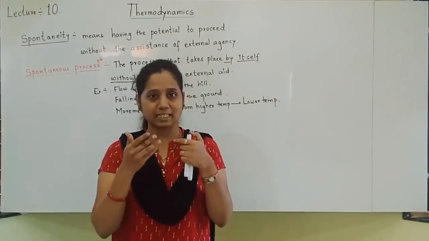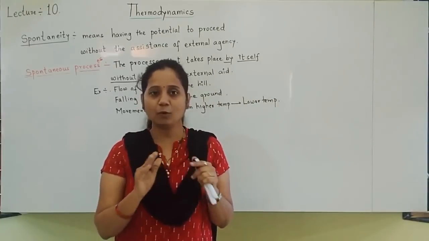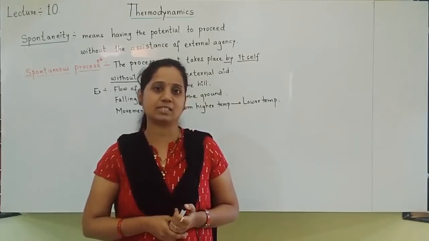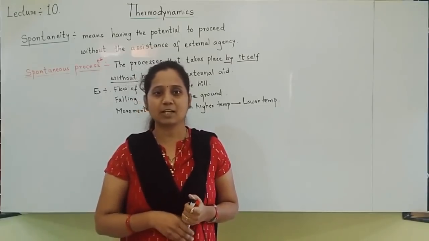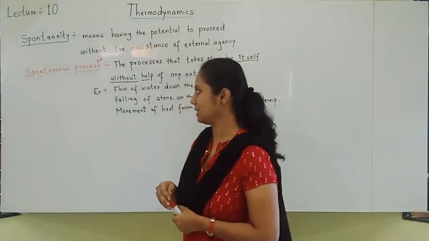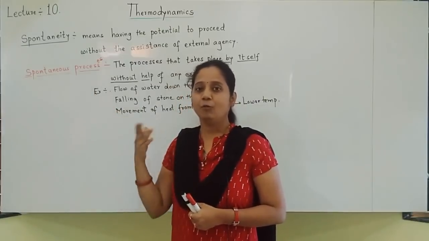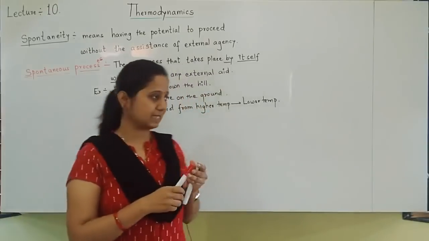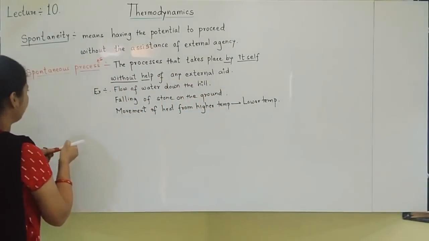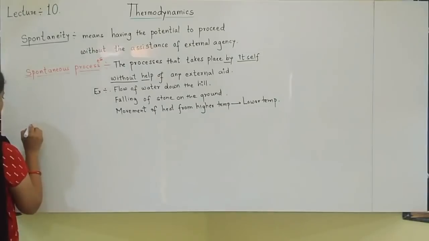All these processes take place on their own without help of any external agency or aid. Such processes are called spontaneous processes. Okay, meaning understood. Examples, remember. What are non-spontaneous processes? Exactly the opposite we can write for non-spontaneous processes.